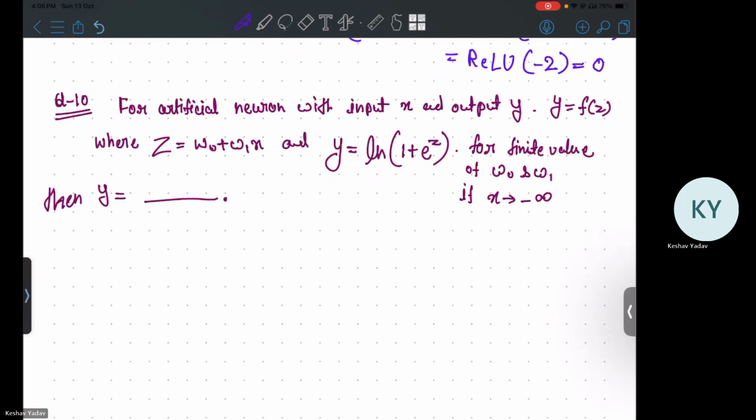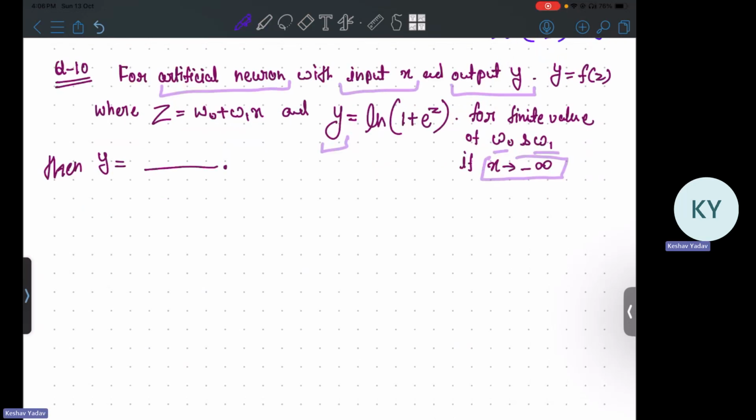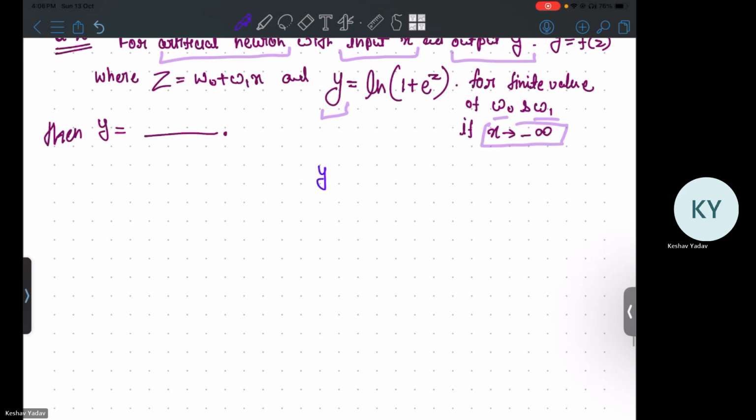Last problem, for an artificial neuron with input x and output y, we need to find the value of y for finite values of W0 and W1 when x goes to infinity. So in this case, my y is ln of 1 plus e to the power z. So z will be W0 plus W1 x.